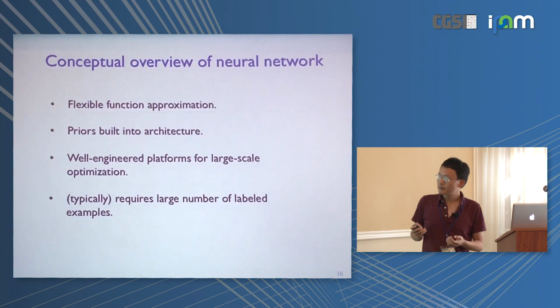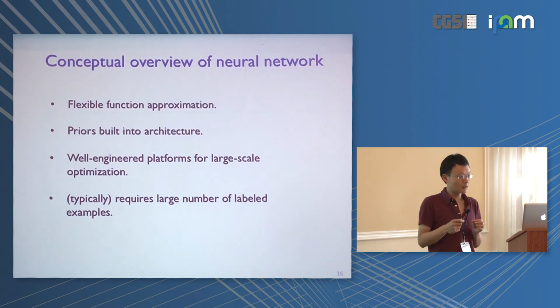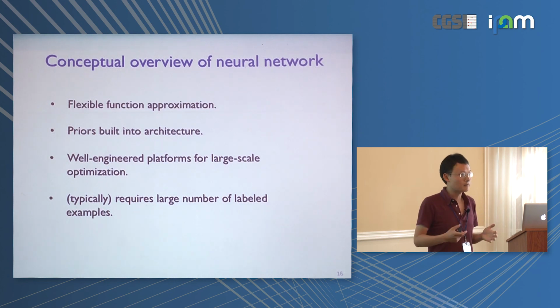So that's a very brief overview of how these neural networks work. Conceptually, it's easy. I find it helpful to just keep a few bullet points in mind. When you read these papers, there are a lot of different architectures and a lot of different training algorithms that people think about. But in the end, just think of these neural networks as a very flexible functional approximation.